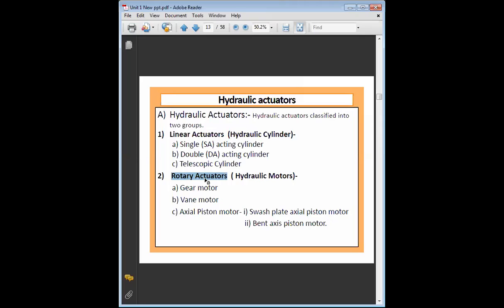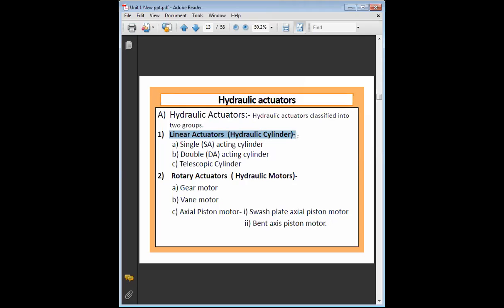Now, the linear actuator converts hydraulic energy into straight line motion. In simple words, linear actuators convert hydraulic energy into straight line motion. Please remember. These linear actuators are also called hydraulic cylinders.